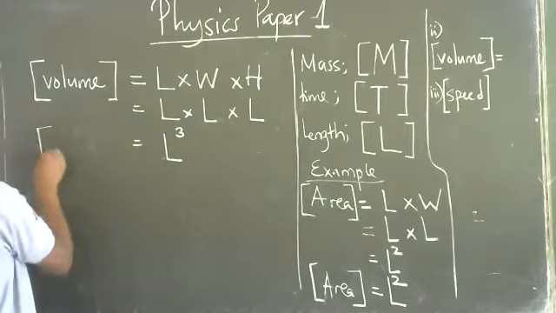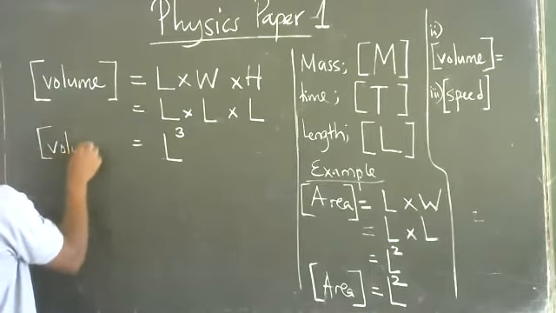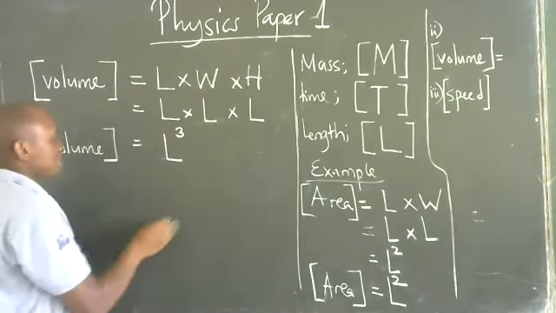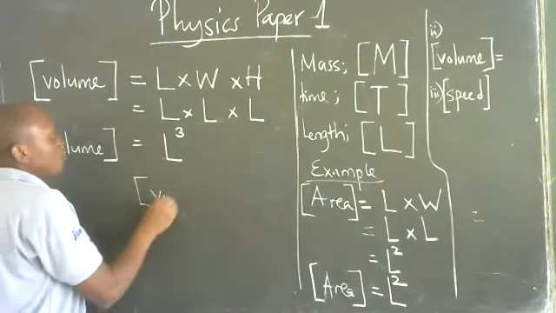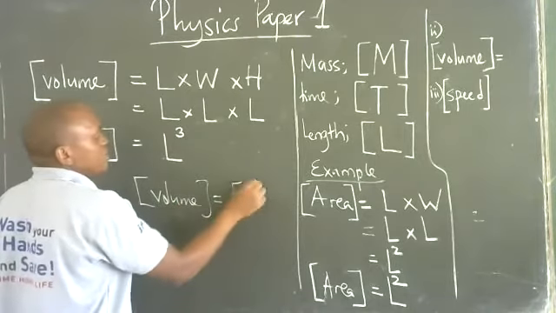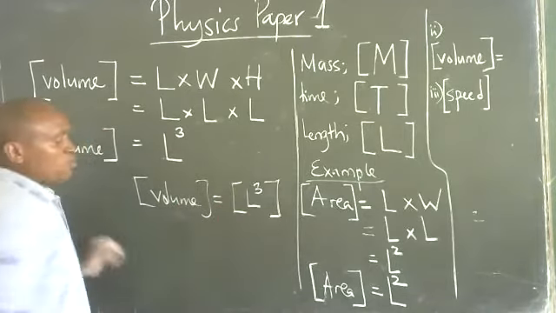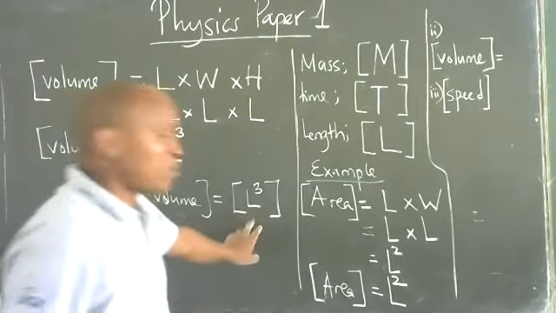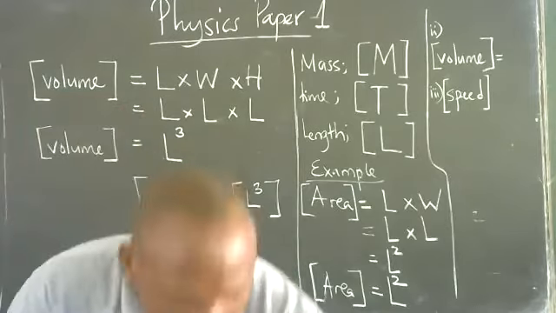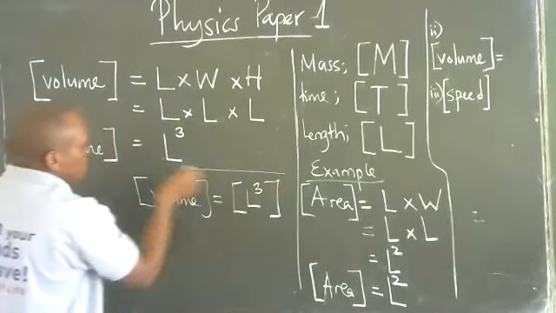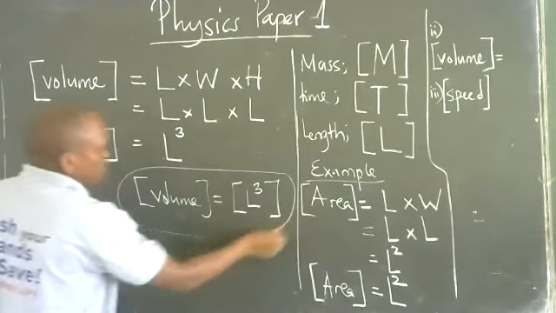As the dimensions of volume. By the way, you have to note, some people make this mistake. They do like this, they say dimensions of volume. What do you think is the problem with this writing? Why do you think this is not the right way of representing this?